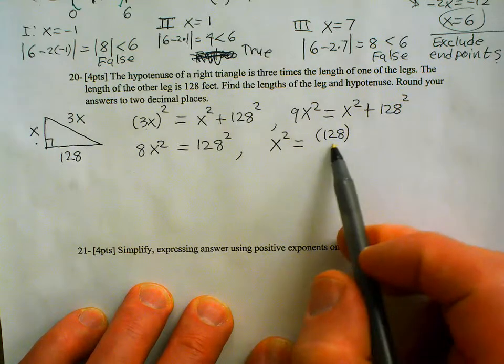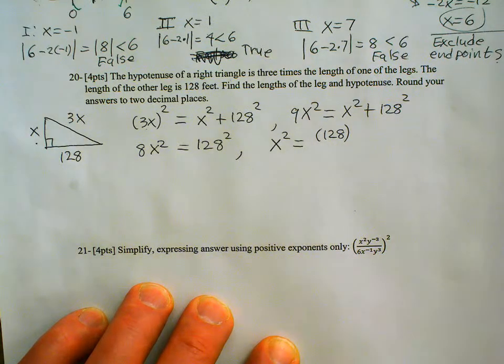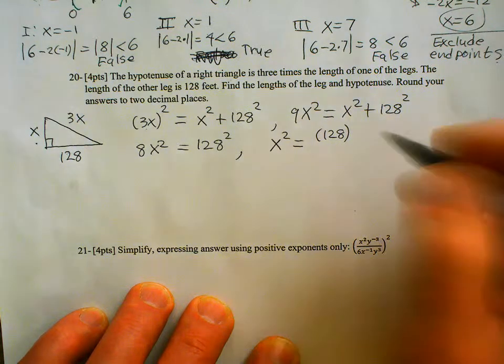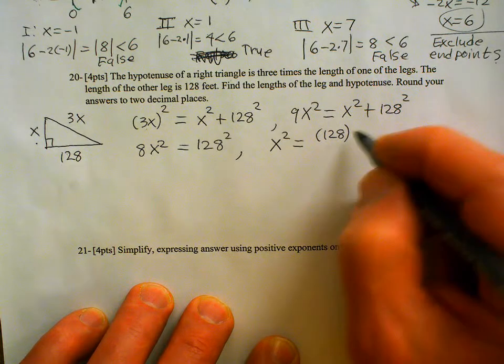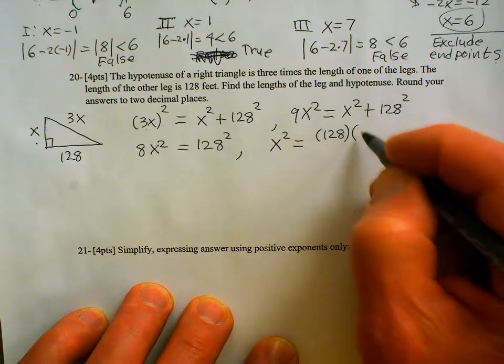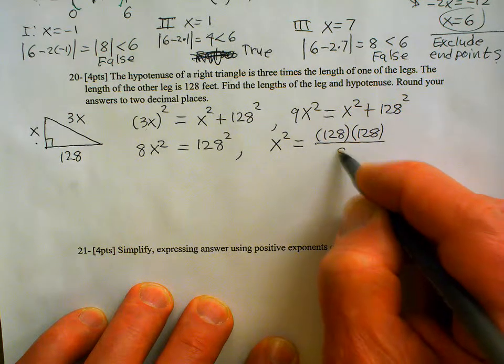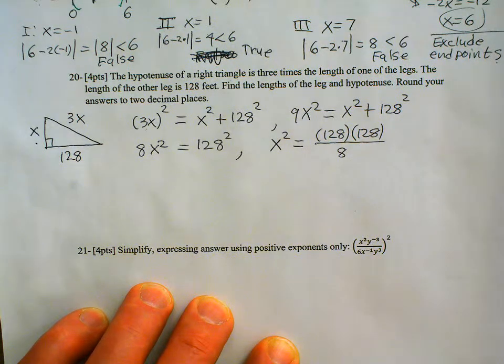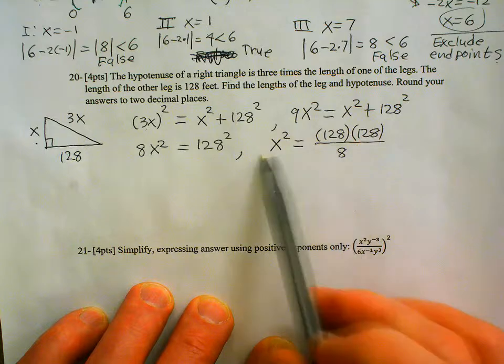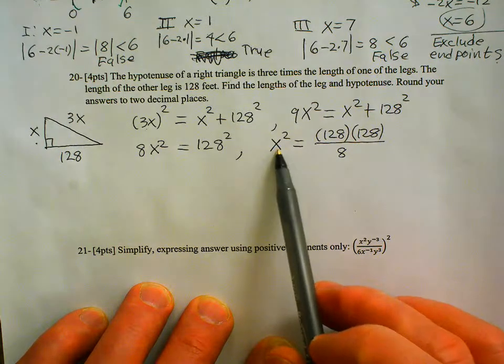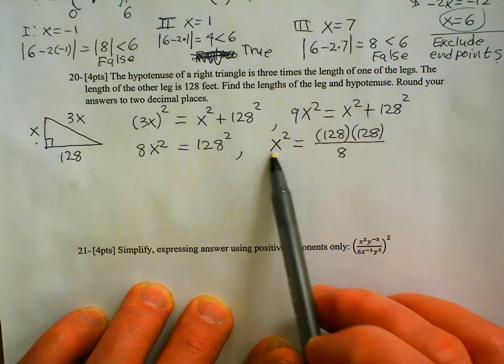I'm going to write it as 128 times 128 for now, and then we're dividing by 8. Eventually we just want to take the positive square root to get our solution.